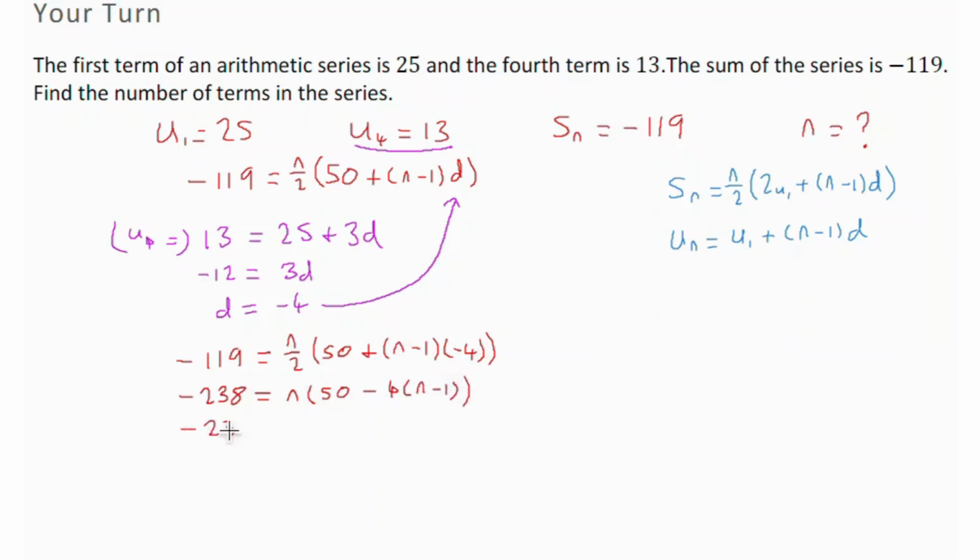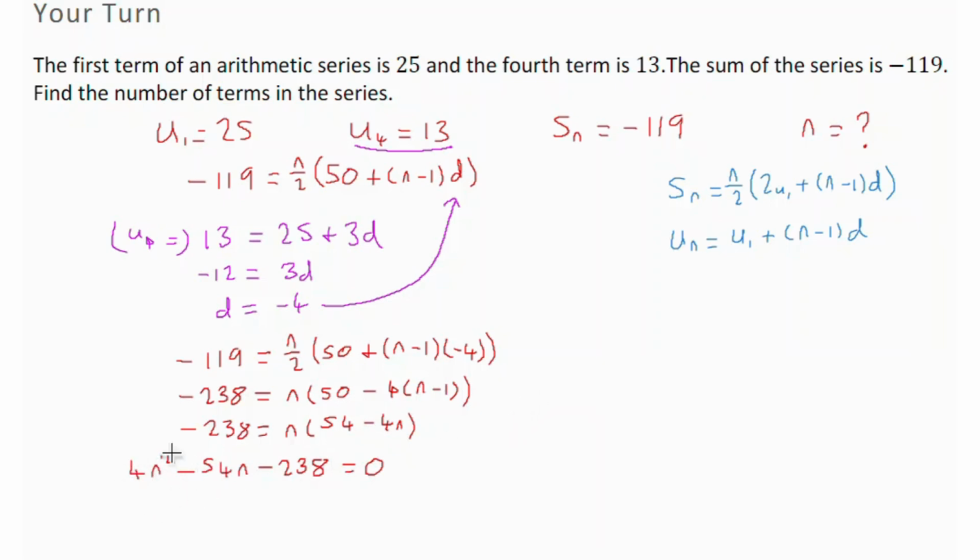So minus 238 is equal to n times 54 minus 4n, which, expanding this out and rearranging, is going to give us 4n squared minus 54n minus 238 is equal to 0. We end up with a quadratic equation.